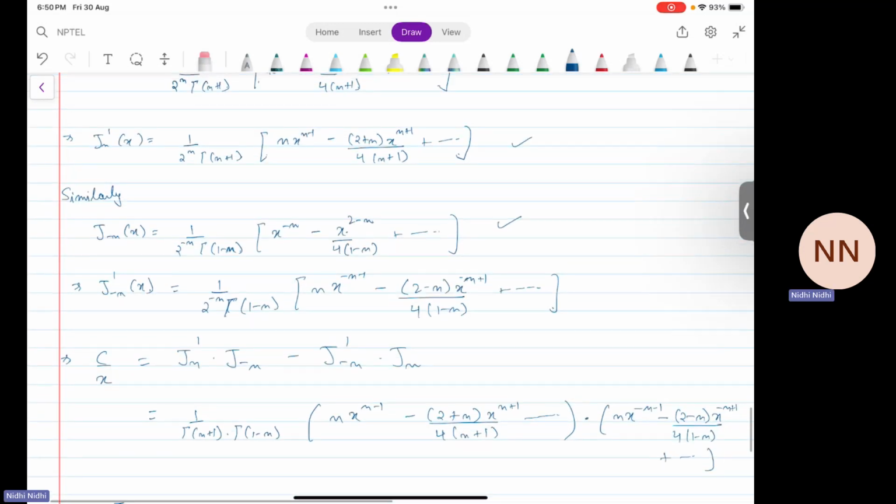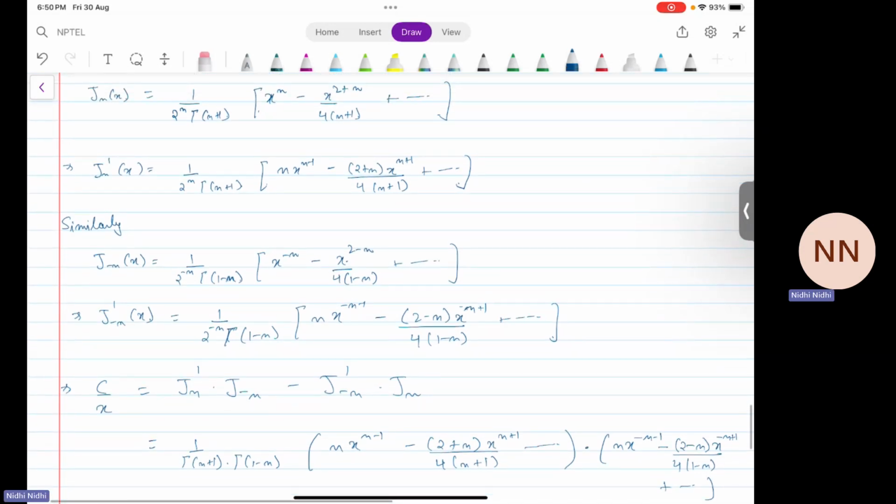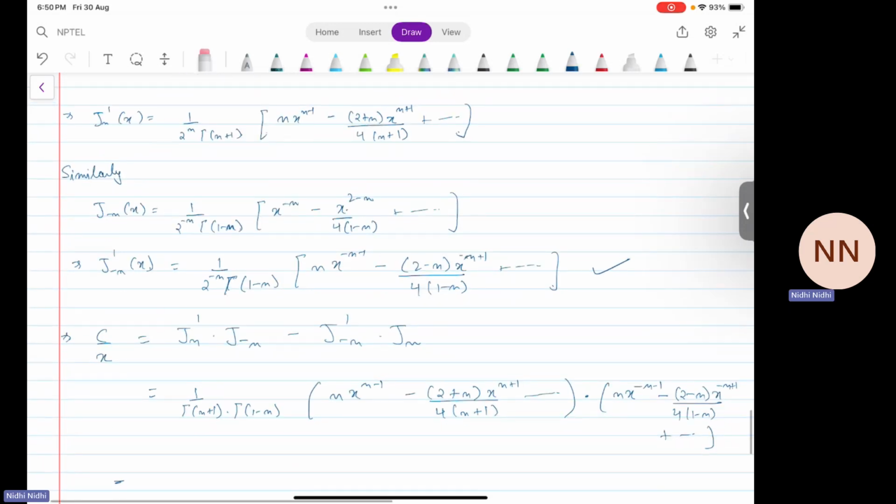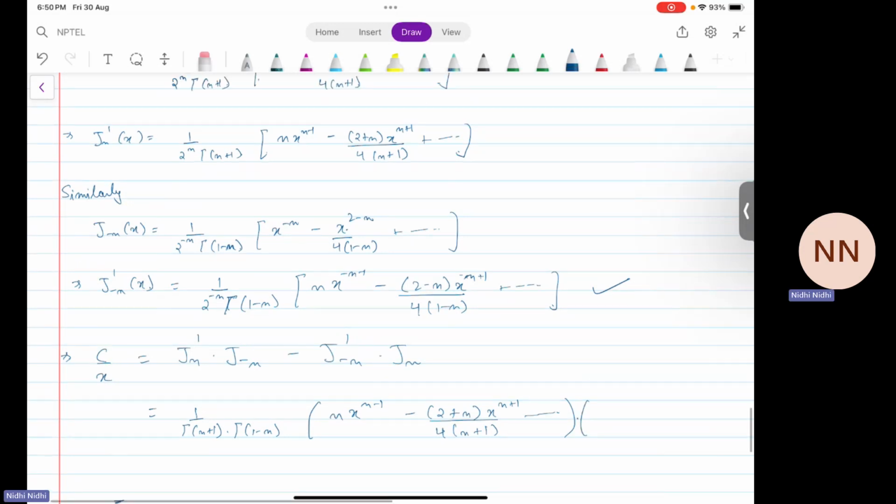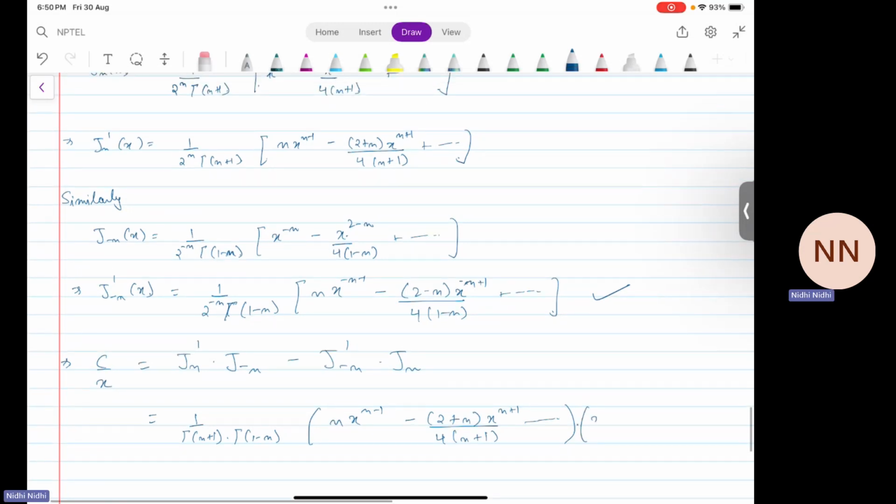Now we'll see the terms. J_{-n} was x to the power minus n minus x to the power 2 minus n by 4 times 1 minus n, and so on.